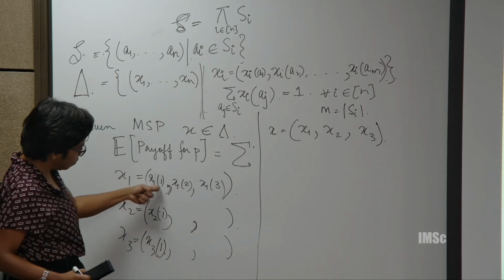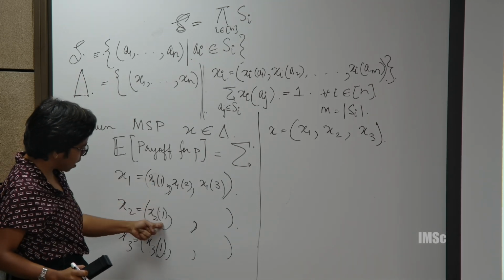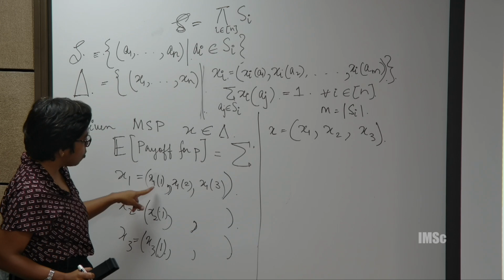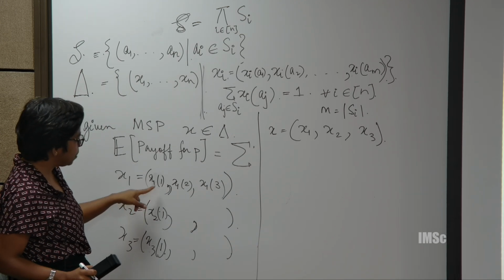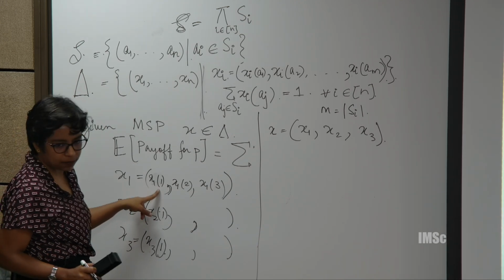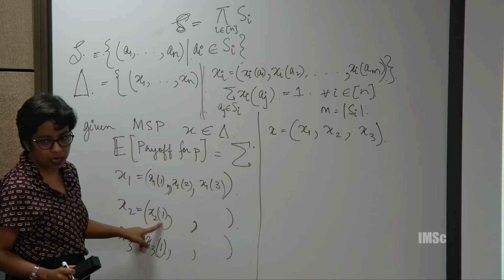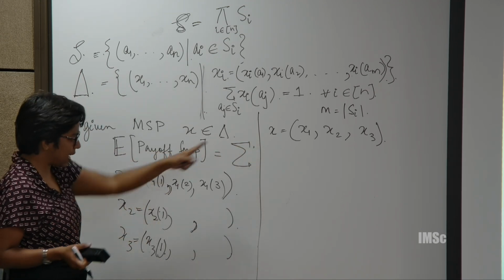So, x11 this coordinate, x21 this coordinate, they are basically telling me the probability that player 1 plays action 1 under x, player 2 plays action 1 under x and so on.